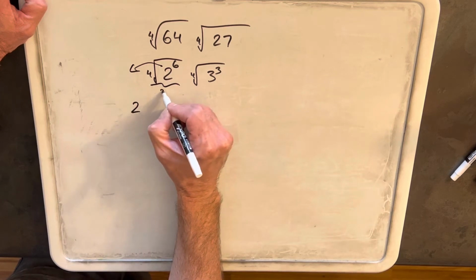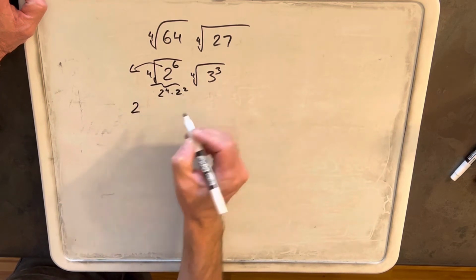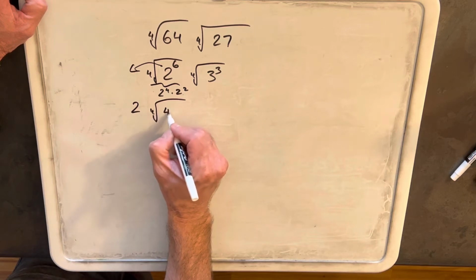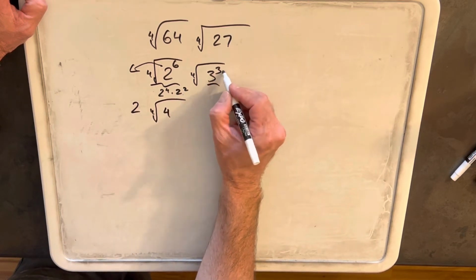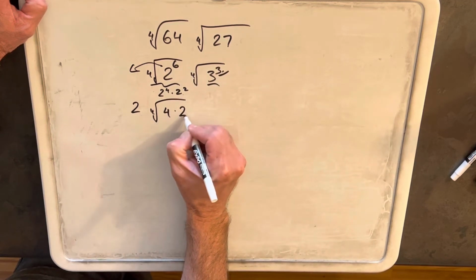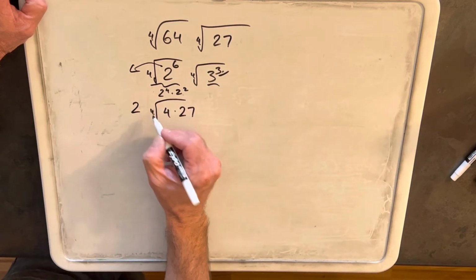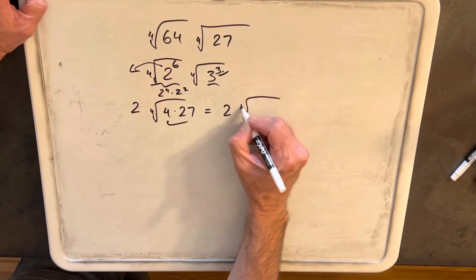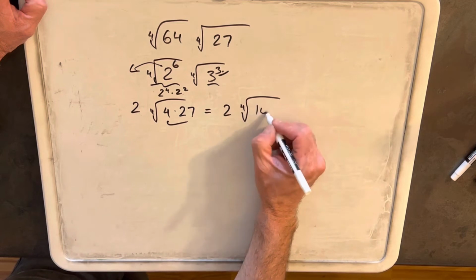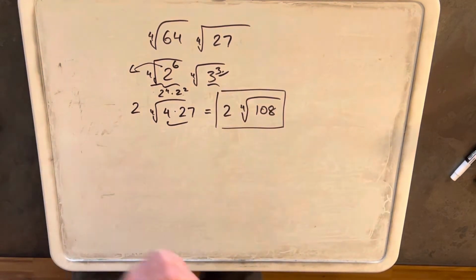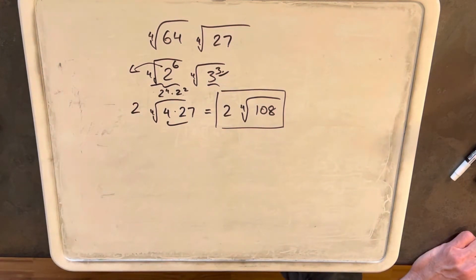We'll split this into 2 to the 4th times 2 squared, and then we'll have the 4th root of 2 squared, which is 4. This 27, the exponent's less than the root, so I'm just going to put this back as 27. Then I'm just going to multiply this, so we're going to get 4 times the 4th root of 27. I think that's 108. Yep, got it.